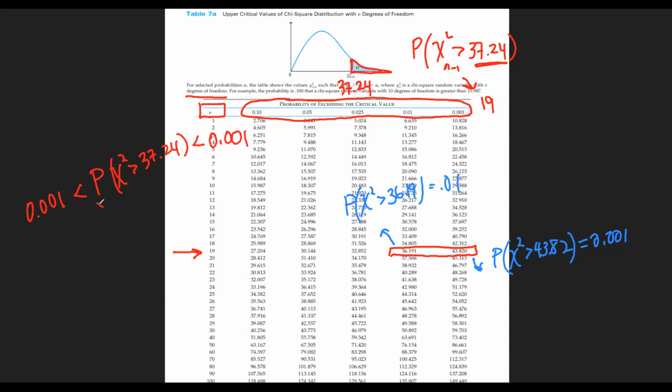And remember that this was the original question of, what's the chance our sample standard deviation exceeded 7? So that is how we walk through a chi-square table.